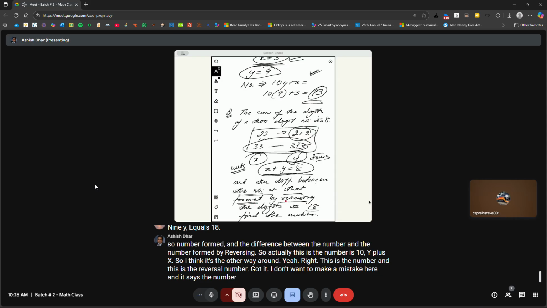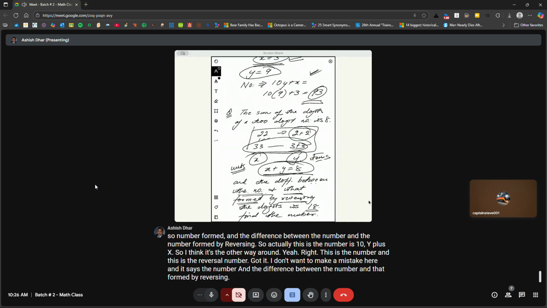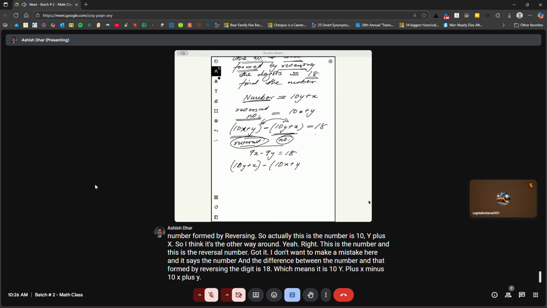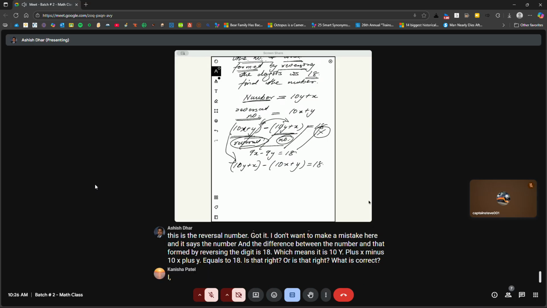It says the difference between the number and that found by reversing the digits is 18, which means it is 10y plus x minus 10x plus y equals 18. Is that right, or is that right? What is correct? I got the first one.